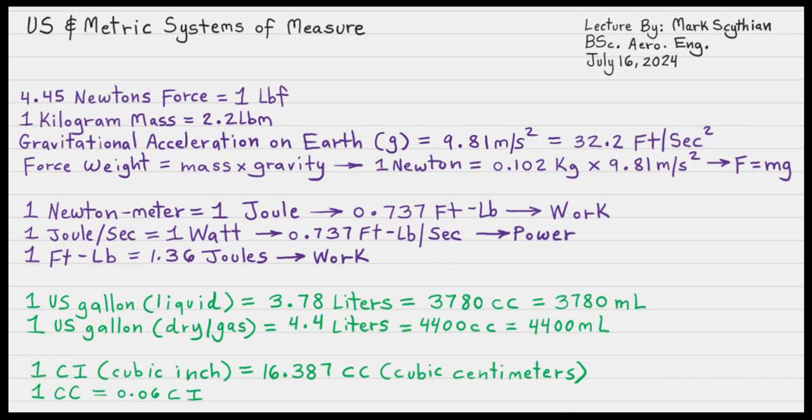So if we're talking about the volume of a gas and we were measuring it in a US gallon volume metric, we would then have an increase by 16% to 4.4 liters is 1 dry US gallon, or 4,400 cc's, 4,400 milliliters. We also have the cubic inch, which is equal to 16.387 cubic centimeters, and of course 1 cubic centimeter cc is 0.06 cubic inches.